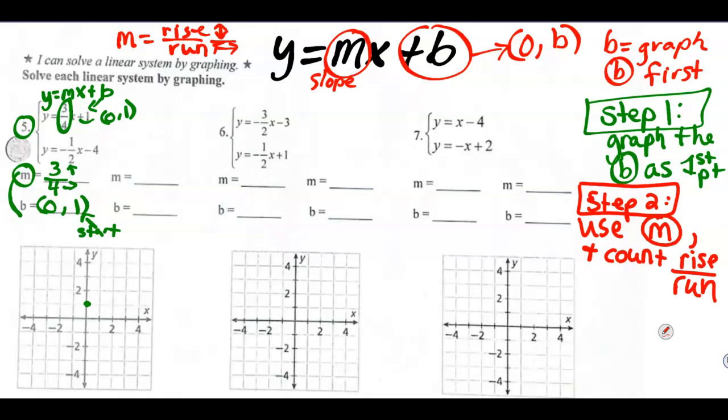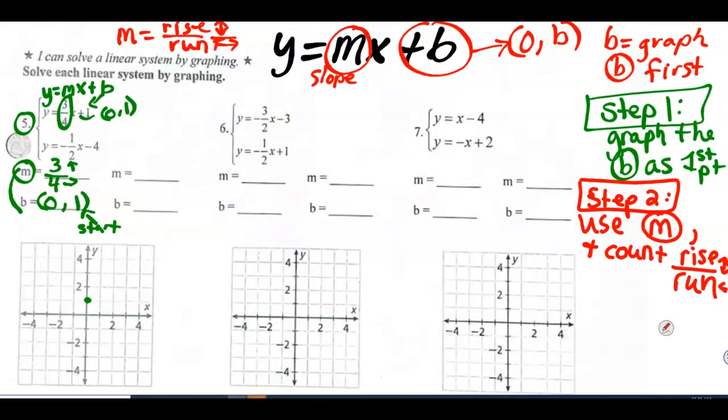That means we count how many we go up and how many do we go left or right. So up or down, and then left or right, and then we put a point, then put our second point. There's only 2 steps.